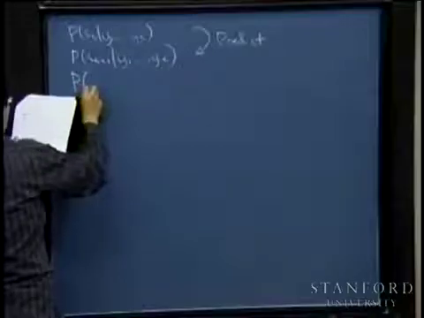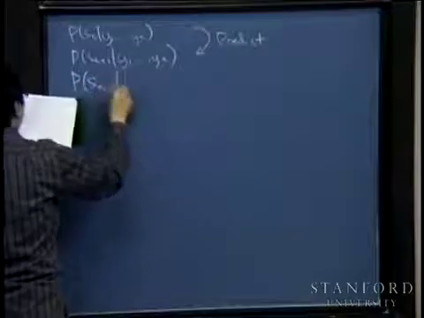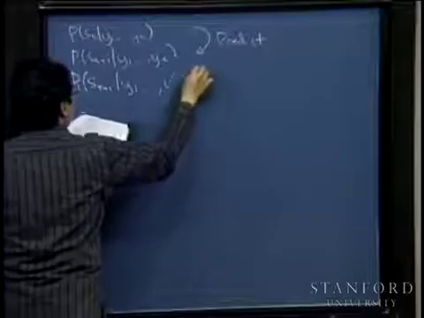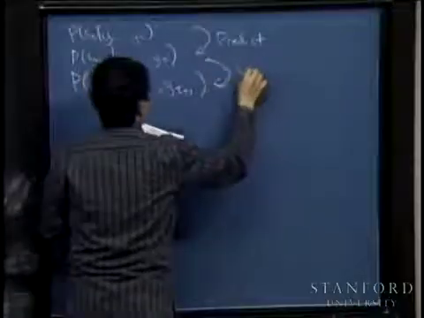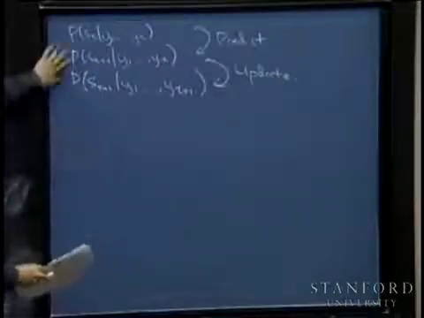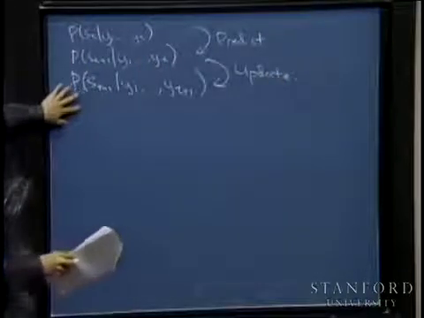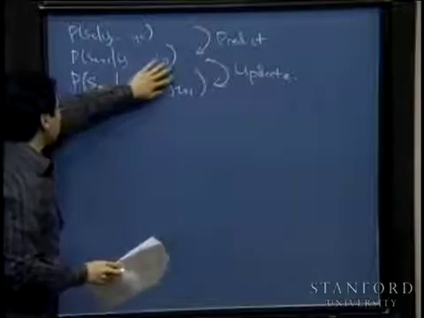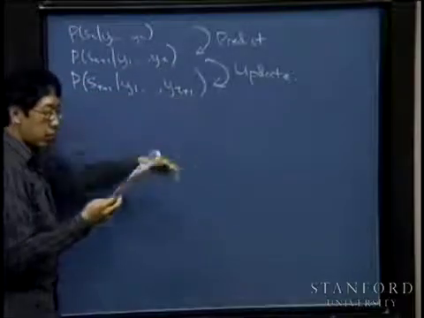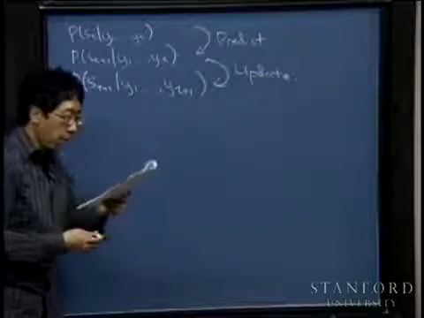And then the other step is called the update step, where given the second line, you compute this third line. Having taken into account only observations up to time t, you now incorporate the observation at time t plus 1.